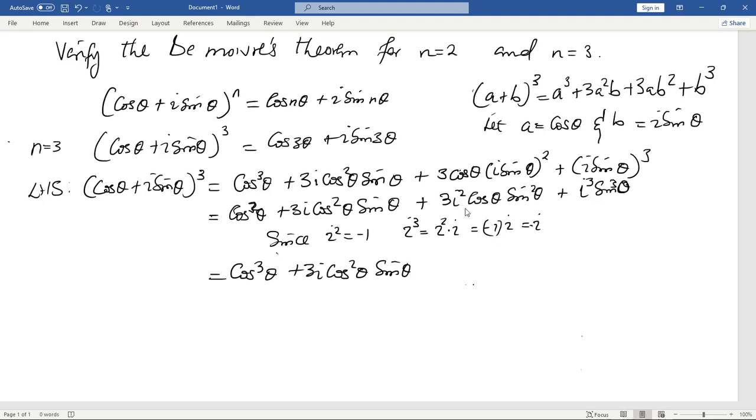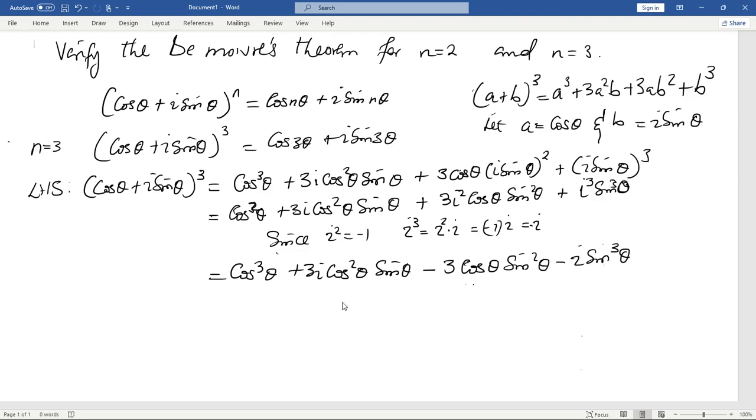Then where there's i squared, we put negative 1, so we have minus 3 cos theta sin squared theta. Then i to the power 3 is negative i, so minus i sin cubed theta.